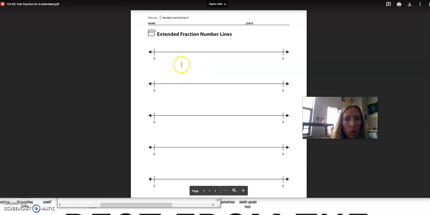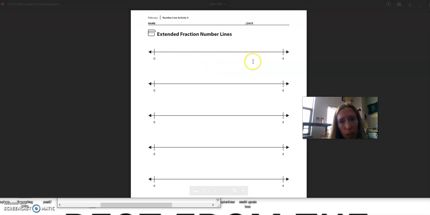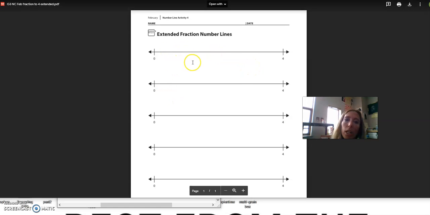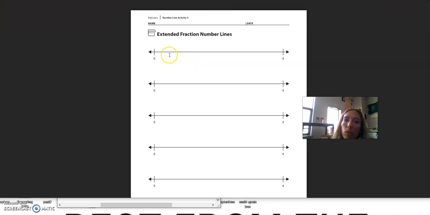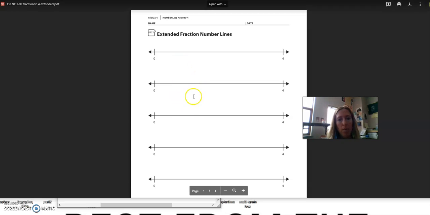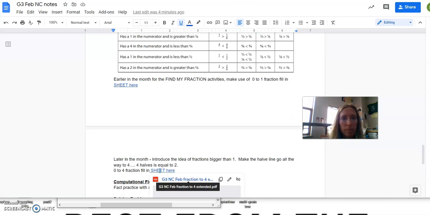And now what I don't like on this one is that 1, 2, and 3 are not labeled. So for me, again, personally, I would label those and maybe work on what does it look like when the halves extend beyond 1 or when the fourths extend beyond 1. Maybe not do them all, but just discuss like one of them, whether it's halves or thirds or fourths.